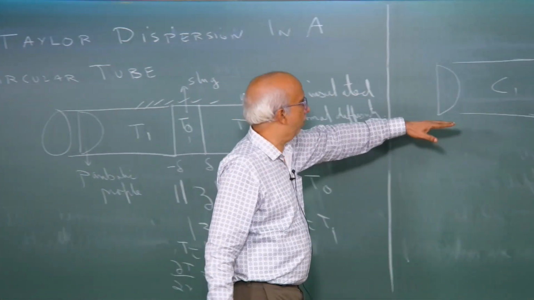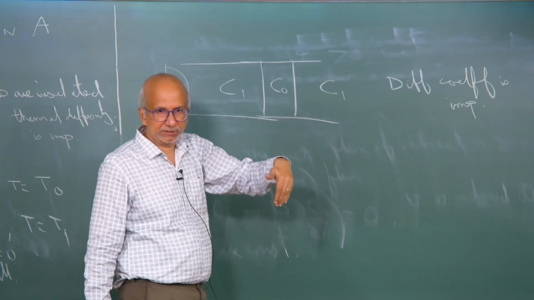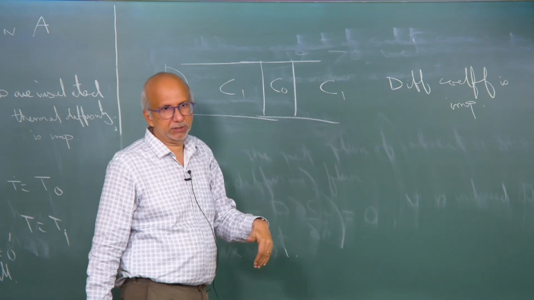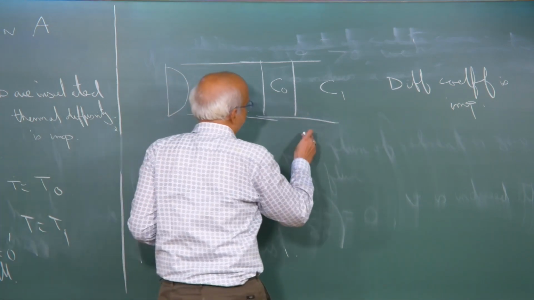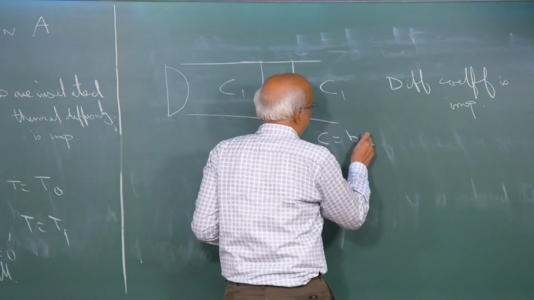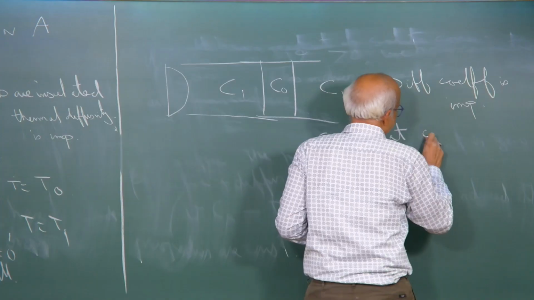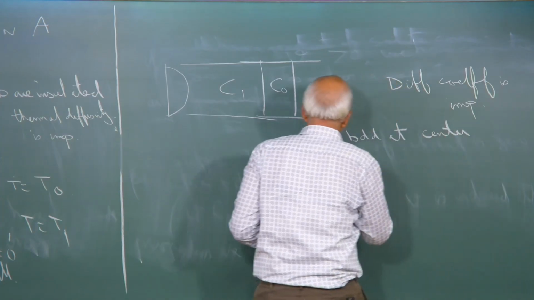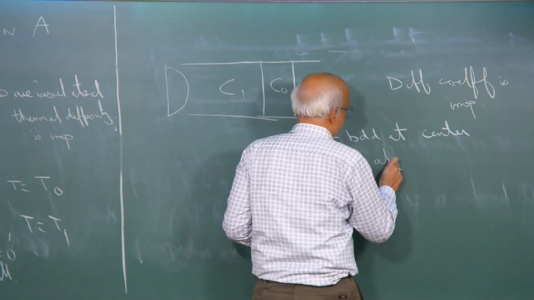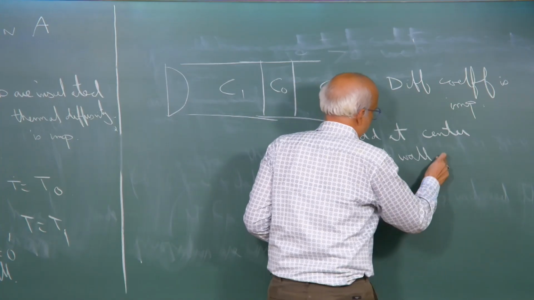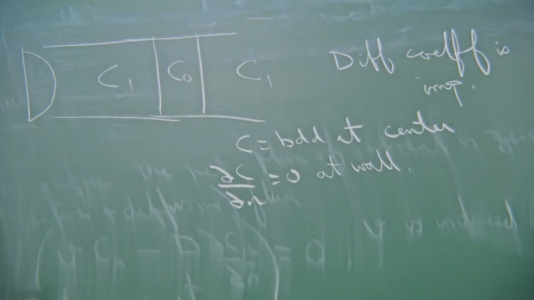Here the wall is solid, okay. So, there cannot be any mass flux across the solid wall. The wall is impermeable, and therefore the derivative here also: C is bounded at the center, and dC by dr equals 0 at the wall. Okay.